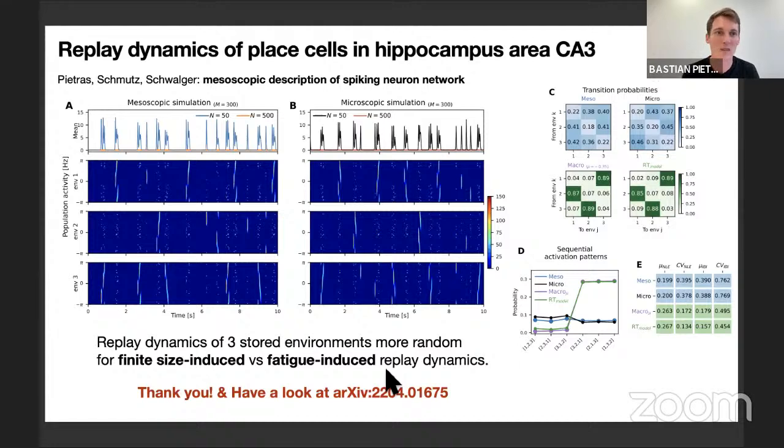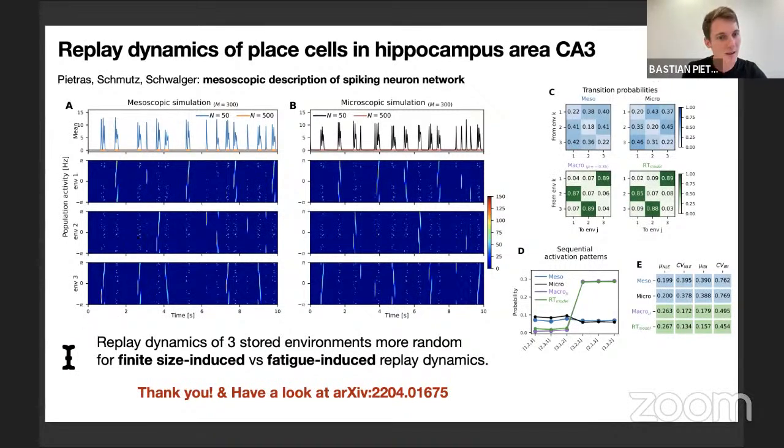replay dynamics, namely storing different environments in the recurrent connectivity matrix. And then you see that you have replay of just one environment. So here environment 1 is active, then environment 3 is active, whereas the others are not.